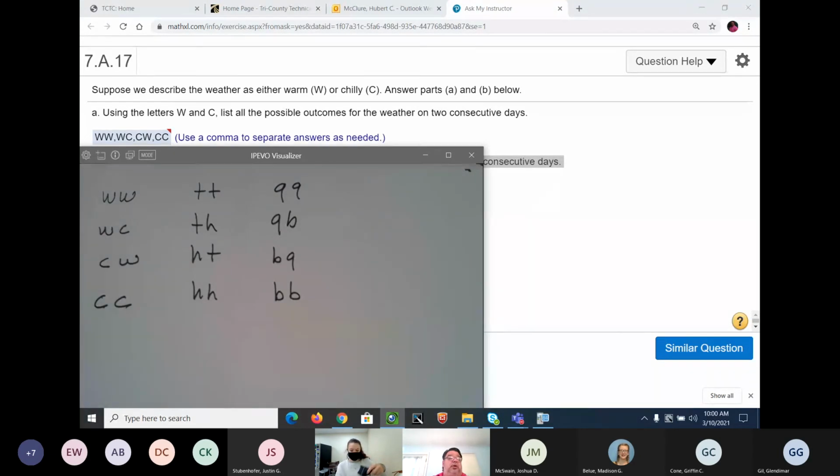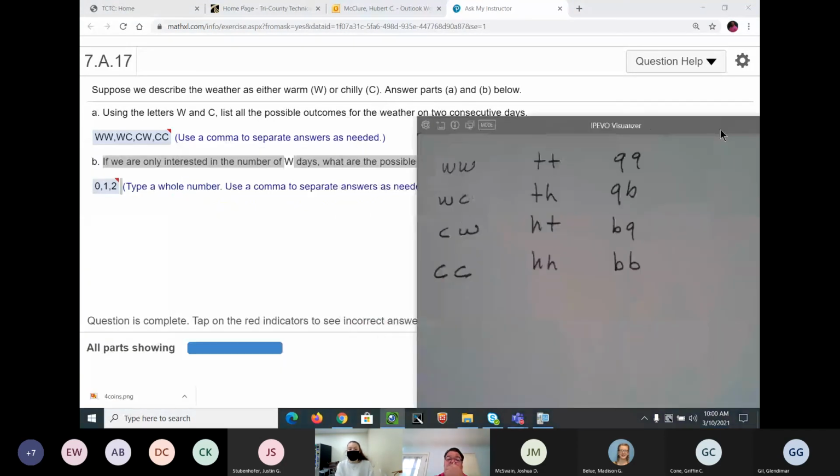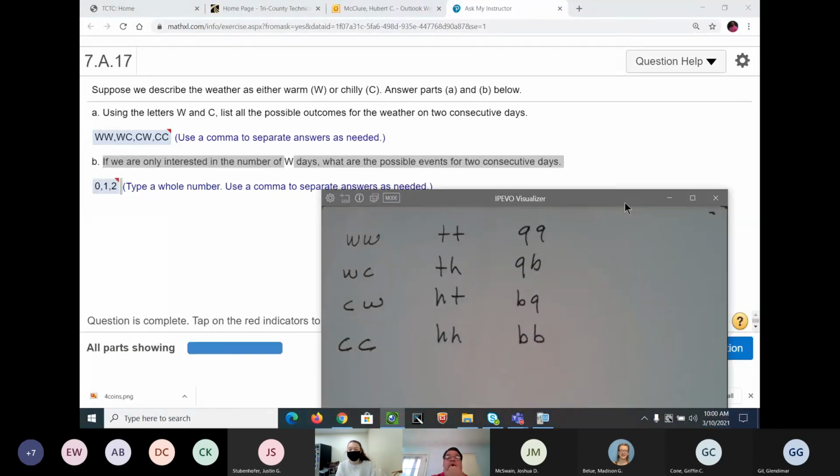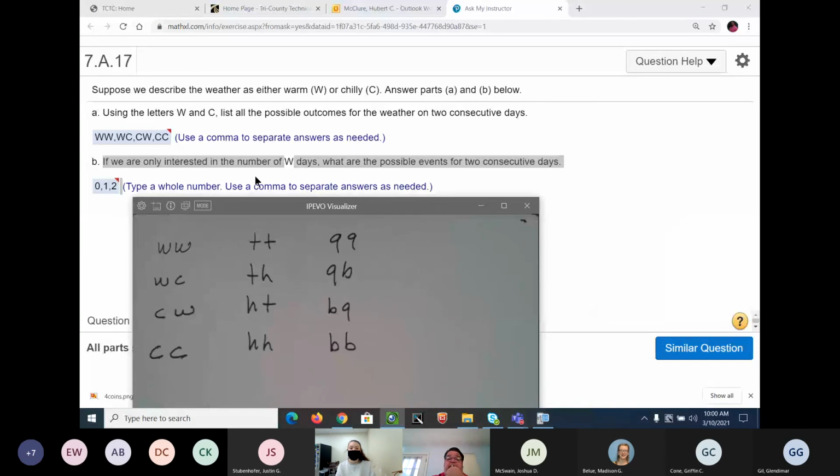All right. If we are only interested in the number of W days, what are the possible events for 2 consecutive days? And these are the possible events: 0 W's, 1 W, or 2 W's. I don't like that question because it's confusing.